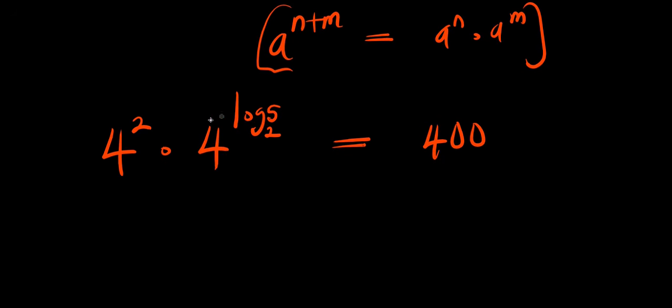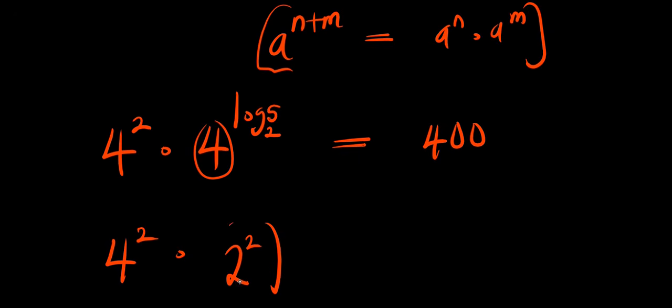Now, 4 here is a perfect square, which is 2 power 2. I can have 4 power 2 times 2 raised to the power of 2, and this is raised to the power of log 5 to the base of 2 equals 400.